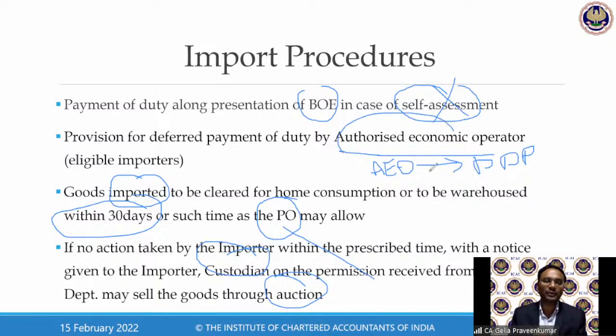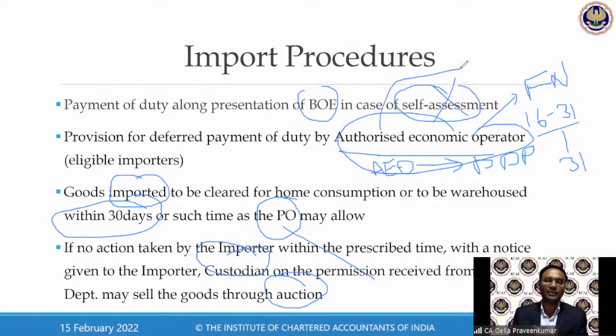So this AEO is permitted to make the payment on a fortnight basis. For the month of March alone, for 16th to 31st March, any goods which are cleared, it will be paid on 31st of March. Now, this AEO, please expect an MCQ question from your examination point of view.